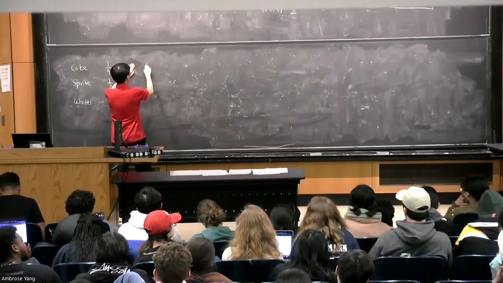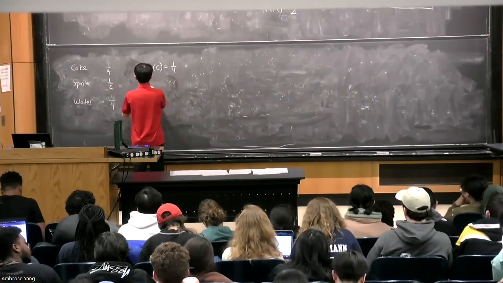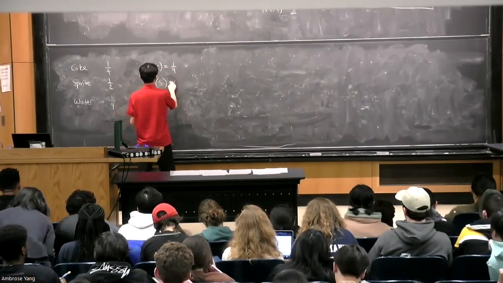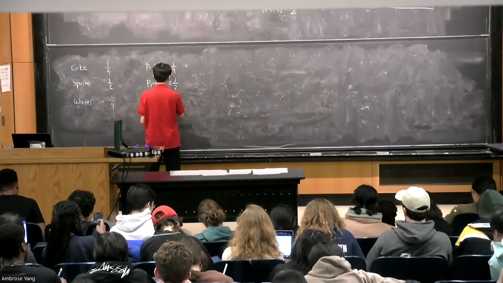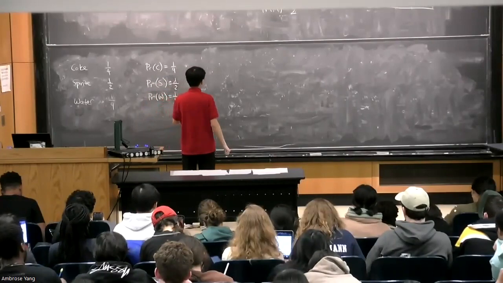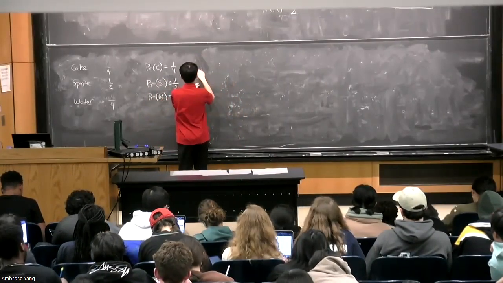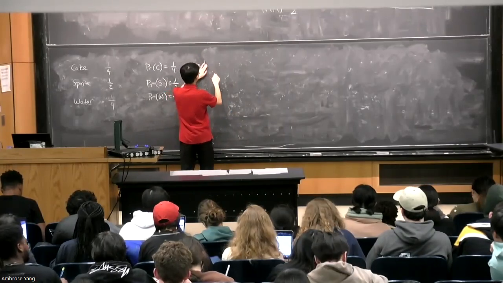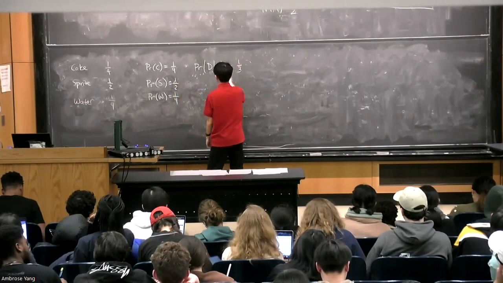Here, the probability of a Coke coming out is 1/4. Here, let's say probability of Sprite is 1/2. Probability of water is 1/4. Now, Bob has different likelihoods based on what drink he gets of drinking that beverage. Let's say D is drink. Let's say he drinks given Coke, that happens with 1/3.